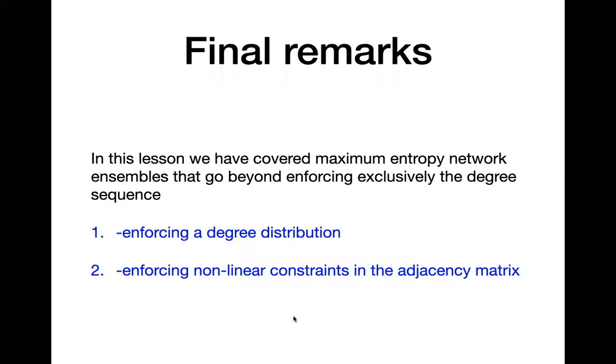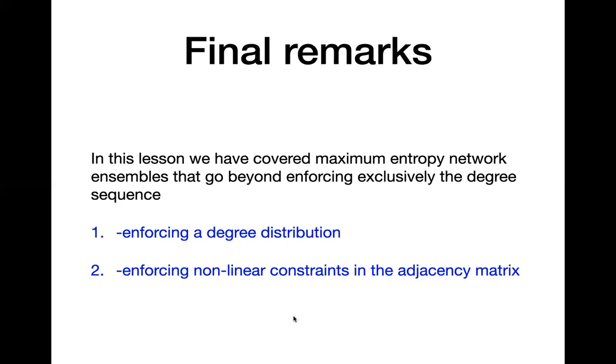So this concludes the first part of today's lecture. We have seen several examples of constraints which go beyond the constraint of just having a given degree sequence or expected degree sequence. These are constraints imposed by the structure of the network. We have seen how to enforce degree distribution and how to enforce degree correlation, mixing hard and soft constraints.